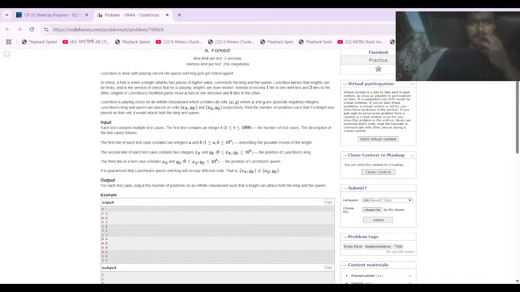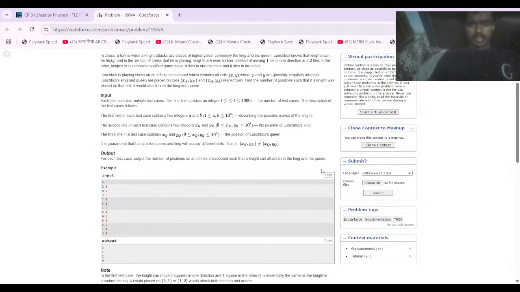Lunchbox is playing chess on an infinite chessboard, which contains all cells x, y where x, y are possibly negative digits. Lunchbox's king and queen are placed on cells x_k, y_k and x_q, y_q respectively.